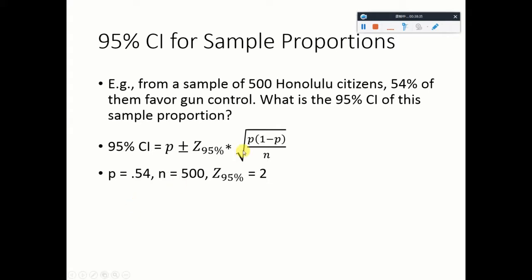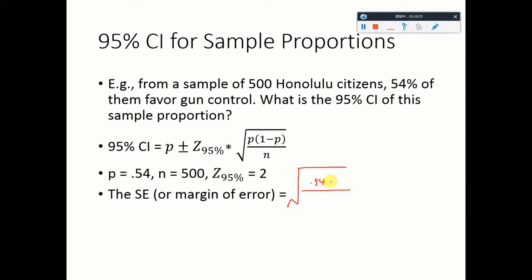So this standard error or margin of error for this particular sample proportion will be, what is it? It will be 0.54 times 1 minus 0.54, divided by the sample size, which is 500.